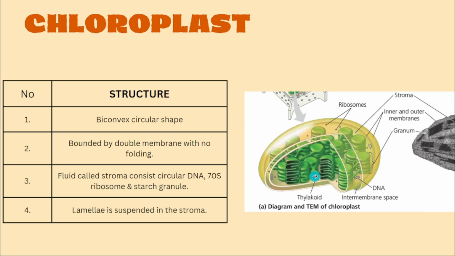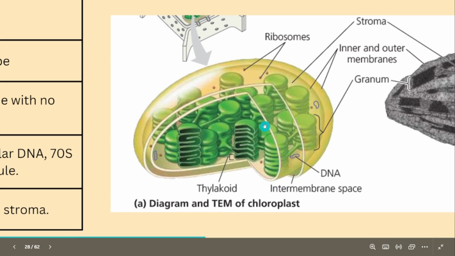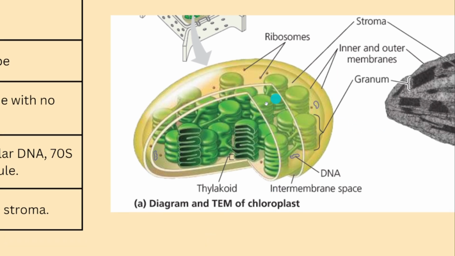And then inside the chloroplast, you can see there are many components, right? You can see the green color. All these green parts we call granum, or grana. Granum is singular, grana is plural.